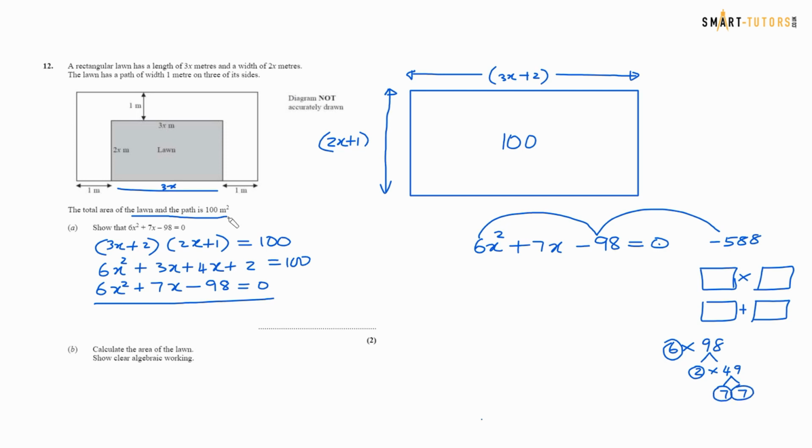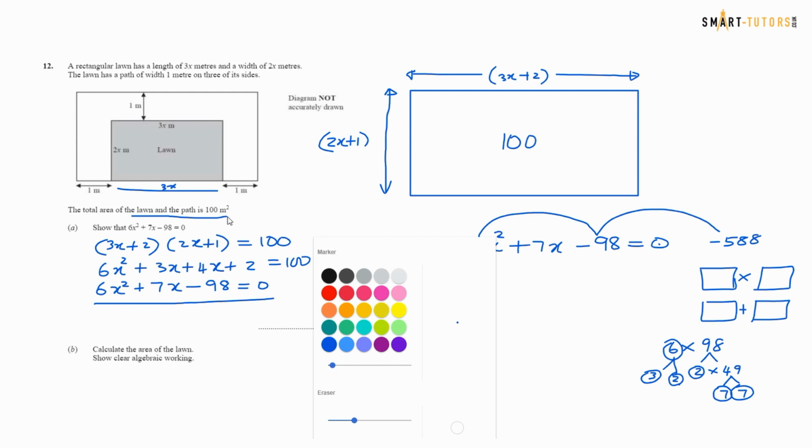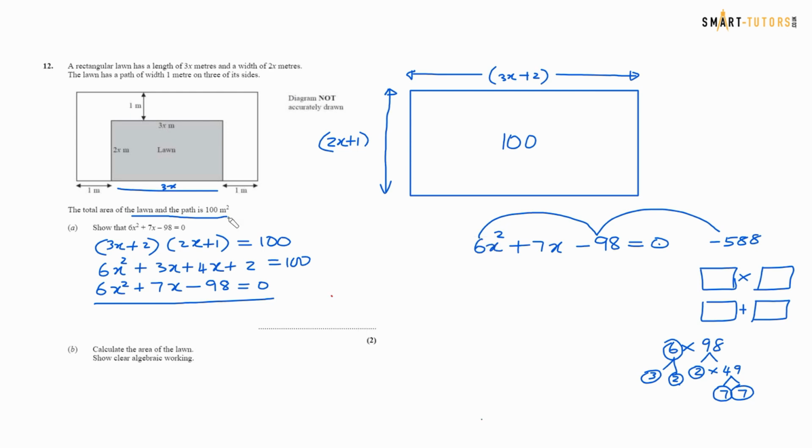We need to somehow find, again, 3 and 2 are factors of 6. So I'm going to check. If I multiply 2 with 2 and 7, 2 times 2 is 4, 4 times 7 is 28, which is one number. 3 times 7 is 21.